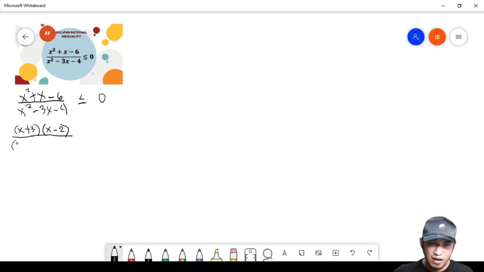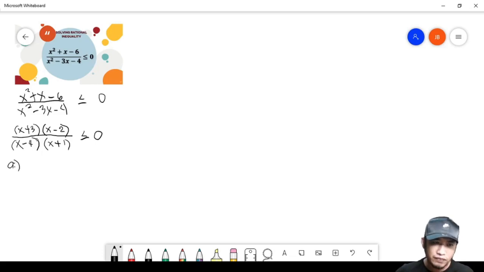So, the factor of it is x minus 4 and x plus 1 is less than or equal to 0. Alright. So, ayan. Wala tayong maka-cancel.